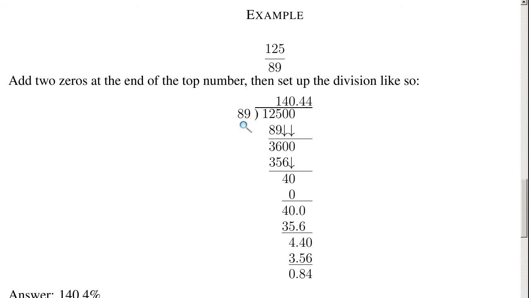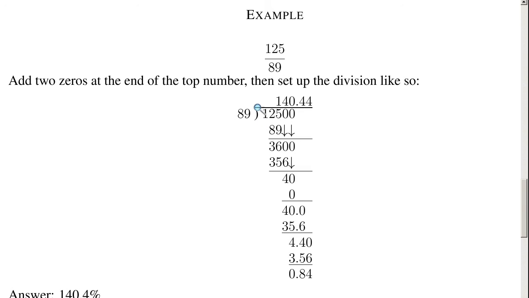How many times does 89 fit into 125? Well, the way we can handle it is to say how many times does 8 go into 12? Well, obviously only once, right? Because 8 times 2 is 16. 8 times 1 is 8.